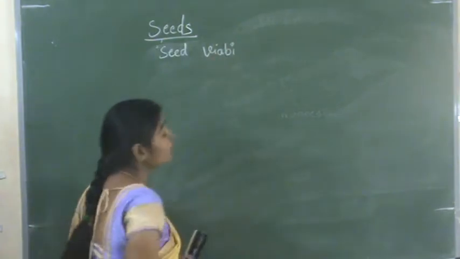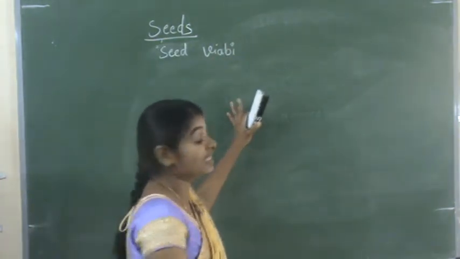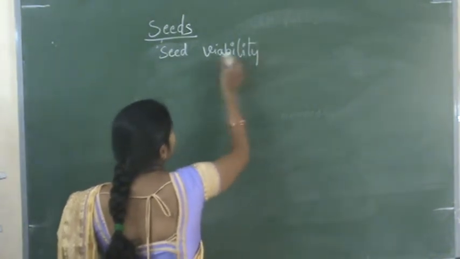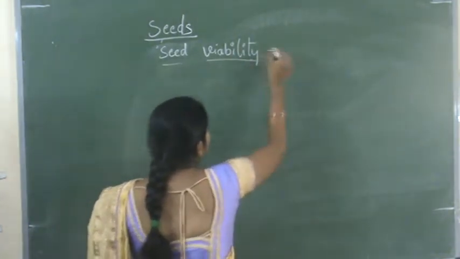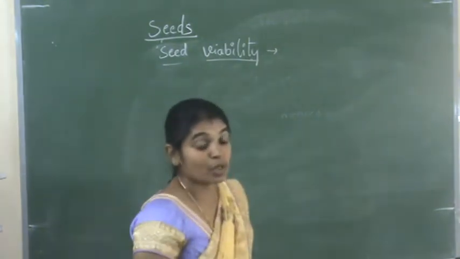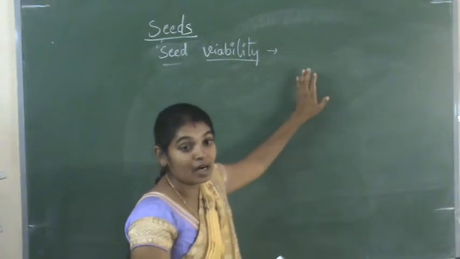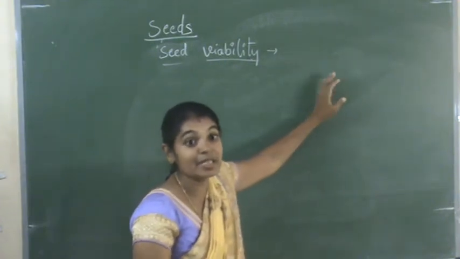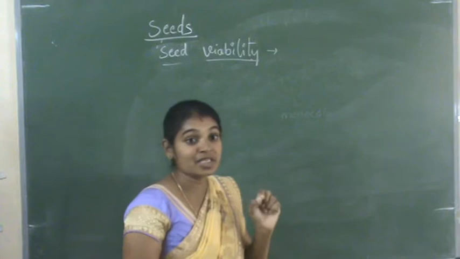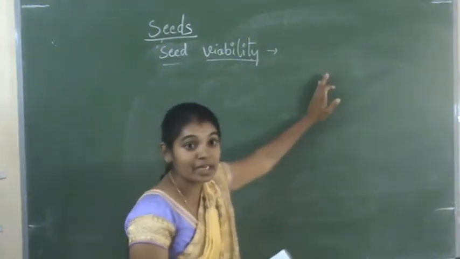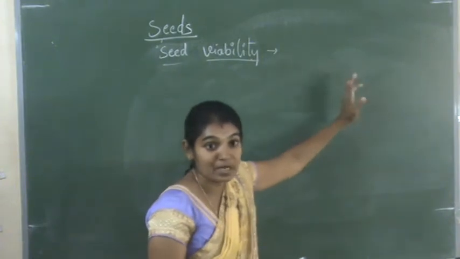Now some important aspects regarding seeds. One is seed viability. What is seed viability? How much time can these seeds germinate? Their germination capacity lasts for how many days, months, or years.